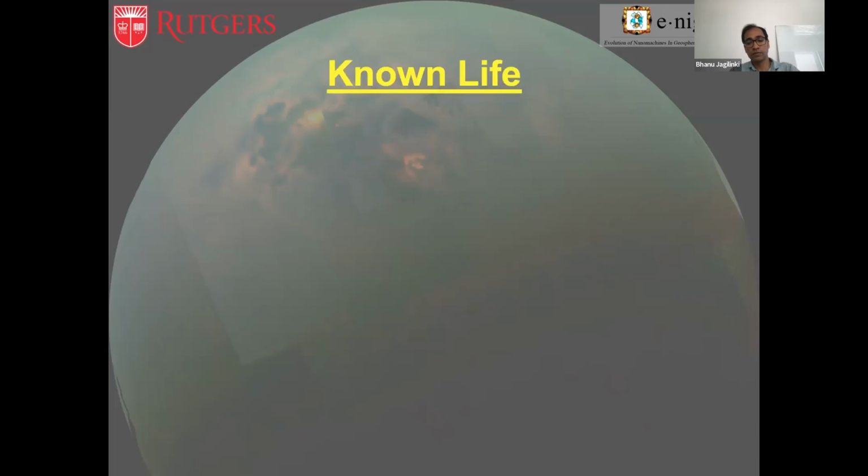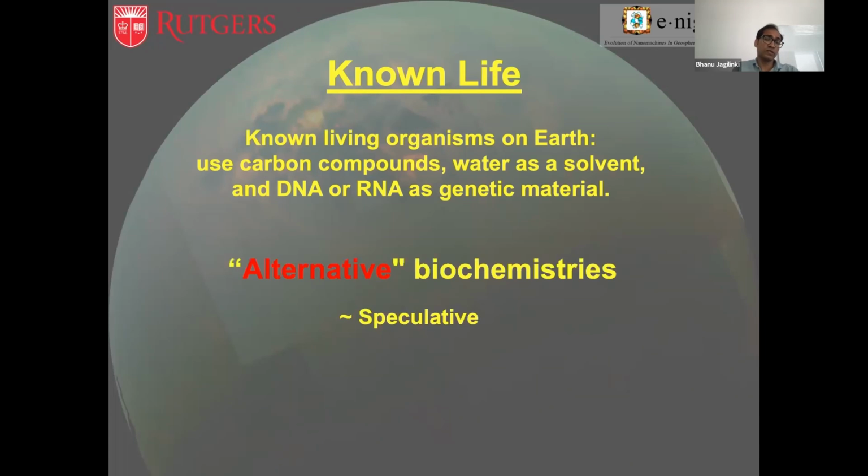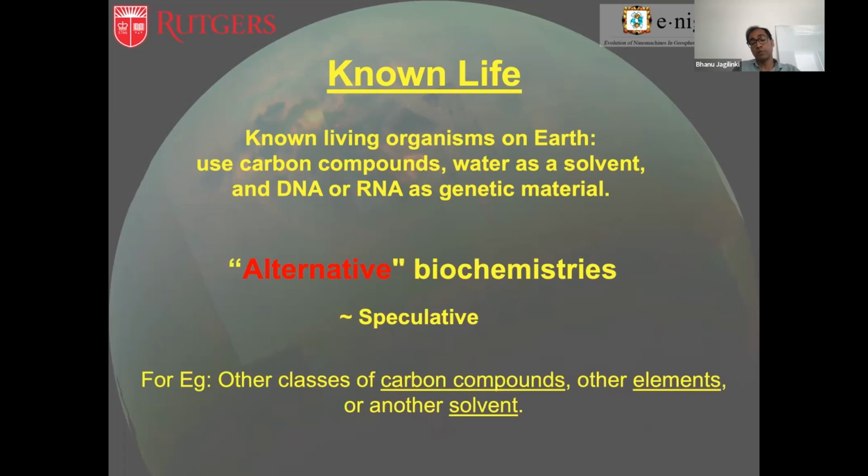For that, I wanted to emphasize what is known life on Earth. As you know, the living organisms on Earth use carbon compounds, water as a solvent, and the genetic material is either DNA or RNA. But alternative biochemistries are all speculative because nothing has been proven yet. They would probably use other carbon compounds, maybe other elements.